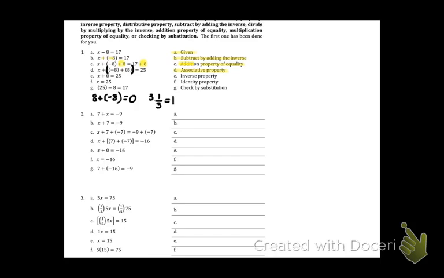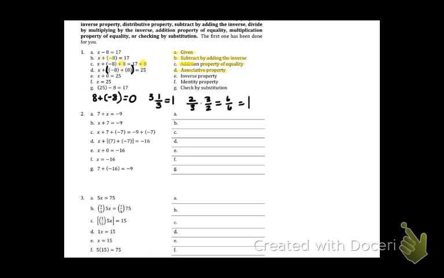The multiplicative inverse is the number, and then the number turned upside down. You multiply them together, and it equals 1. Just one more example on the multiplicative inverse. The multiplicative inverse of 2/3 would be 3/2. You multiply them together, that equals 6/6, which equals 1. So those are the two types of inverse.